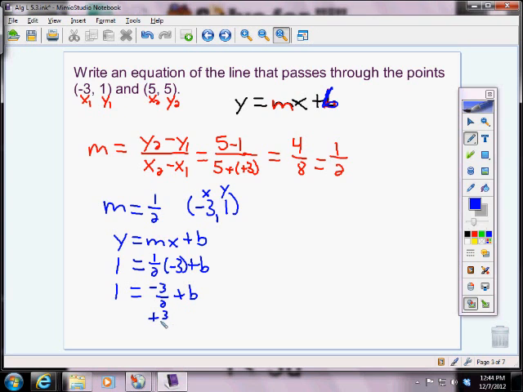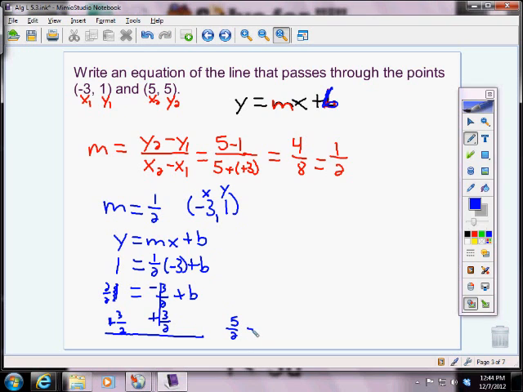Then we add 3/2 to each side. Oops, sorry about that. We're running out of room here. 1 plus 3/2, well, we could just rewrite this as 2 over 2. 2 over 2 plus 3 over 2 is going to be 5 over 2.